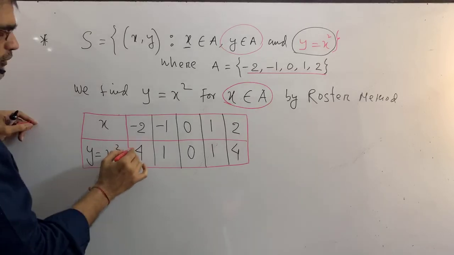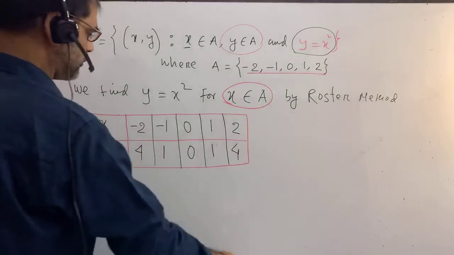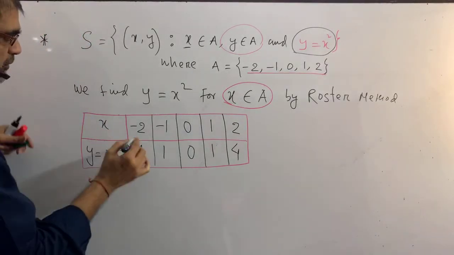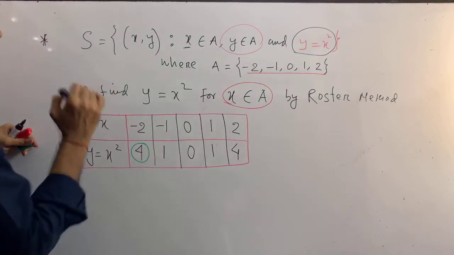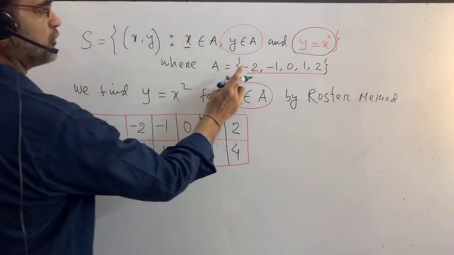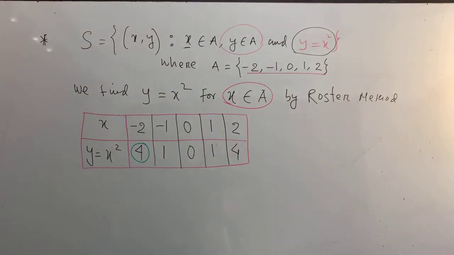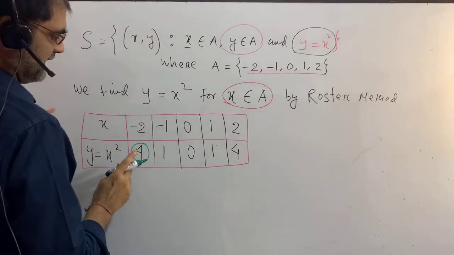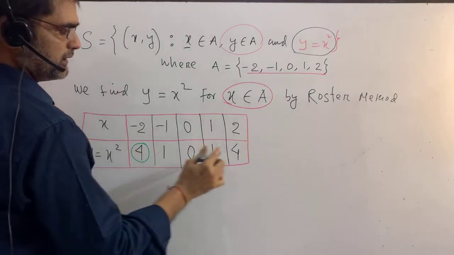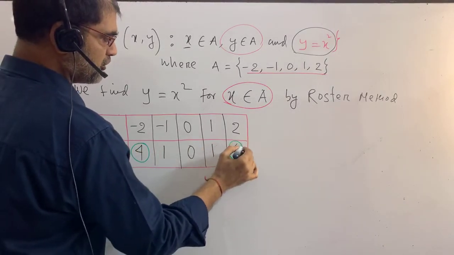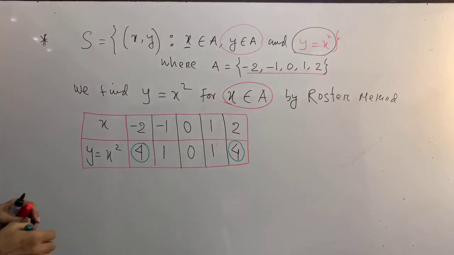Okay, this 4, you see, this 4 does not belong to A because there is no 4, okay, in the set A. That means if this 4 does not belong to A, definitely this 4 also will not belong to A.